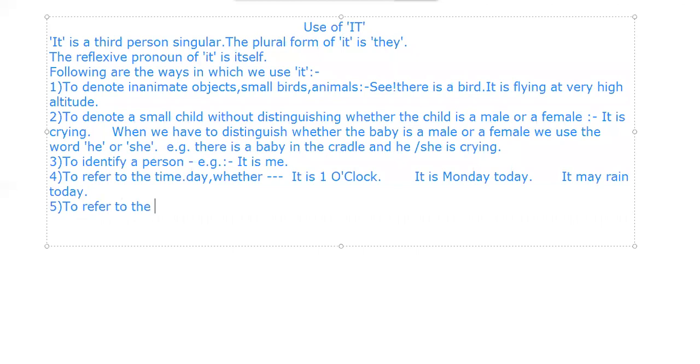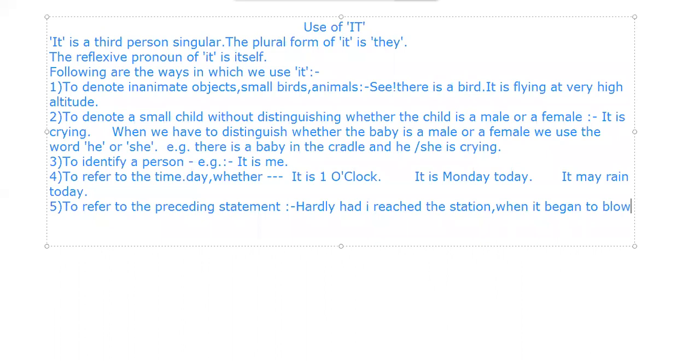To refer to the preceding statement. So we say, hardly had I reached the station when it began to blow hard.